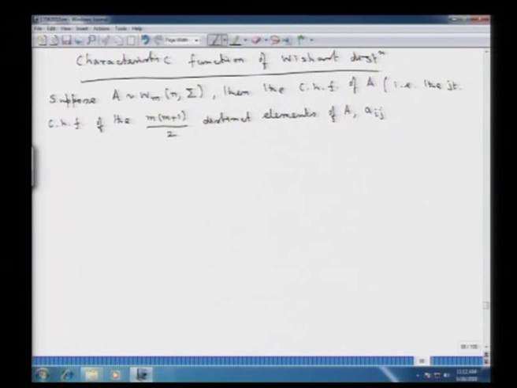Now, for the distinct elements, we will be looking at one direction only. So, these are basically the random elements we have.